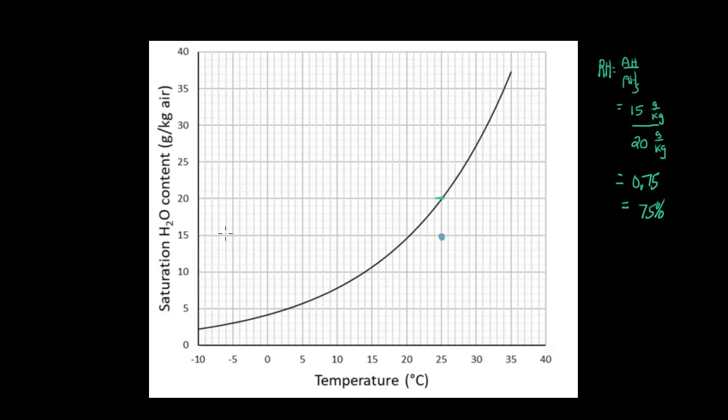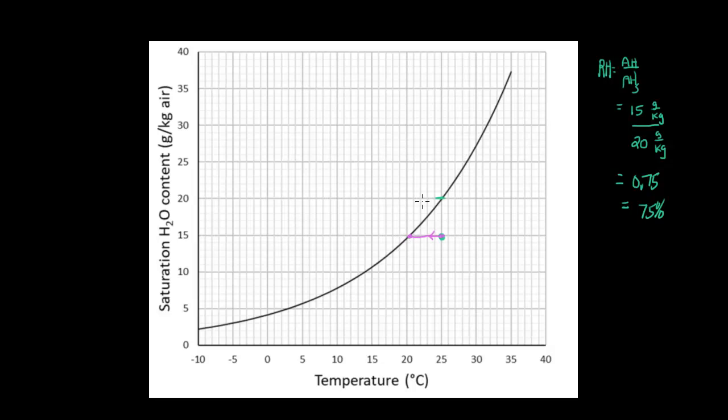Temperature is on the x-axis, absolute humidity is on the y-axis, and so the condition of the air mass will follow a line that goes like this until it hits the saturation curve. At that saturation curve, assuming that there are nuclei, precipitation will begin to form.